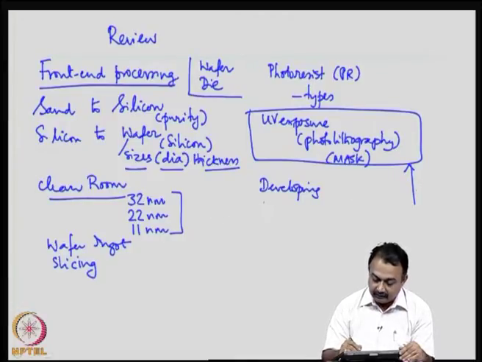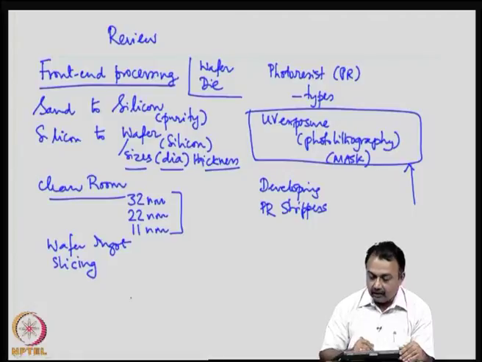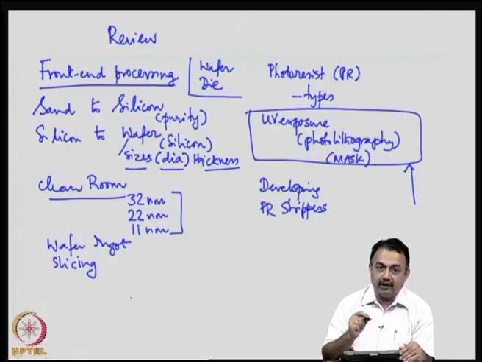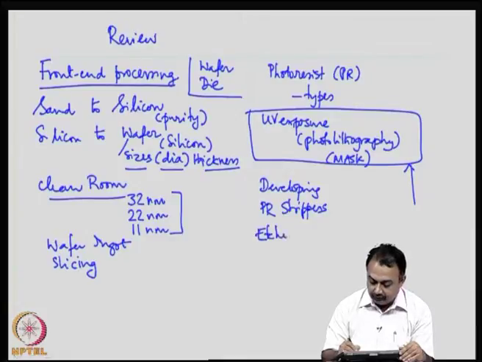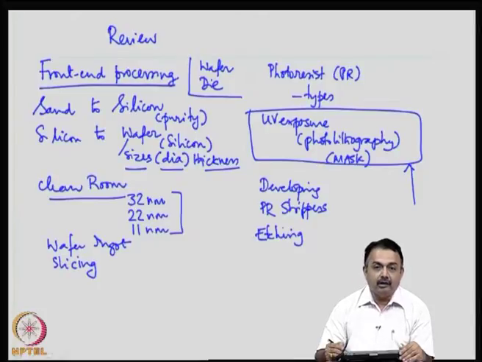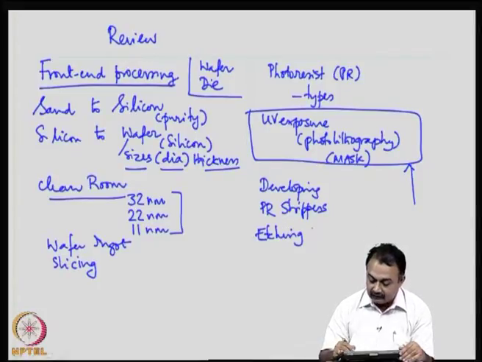So, developing process is very important. Photoresist strippers, we briefly saw how they define the image and make it ready for etching process. So, etching is again a defining process for the image to be well defined on the surface of the wafer.